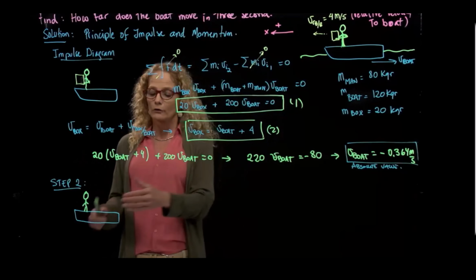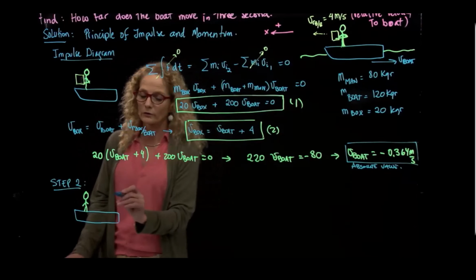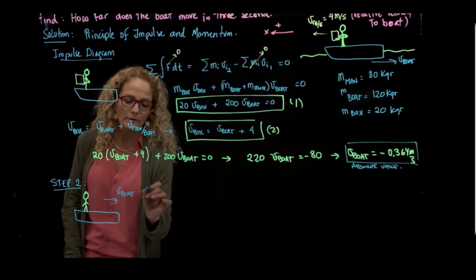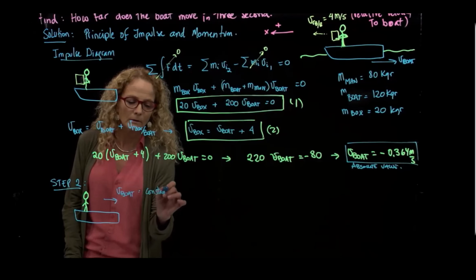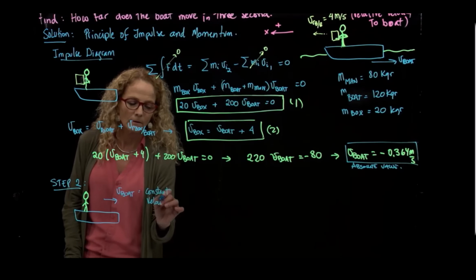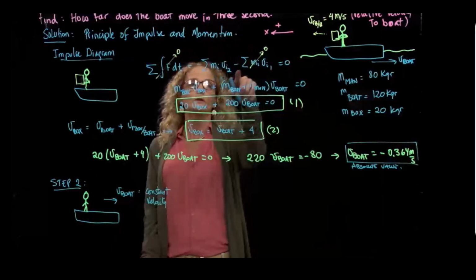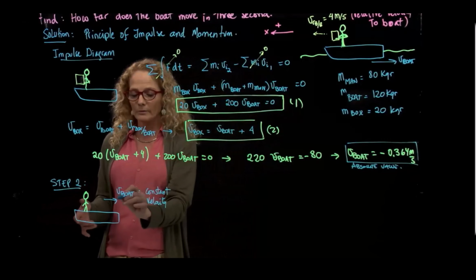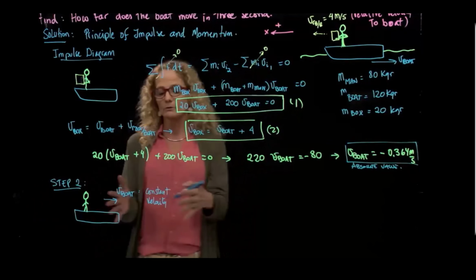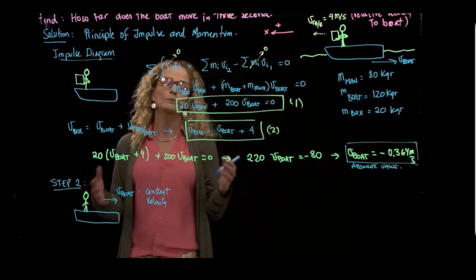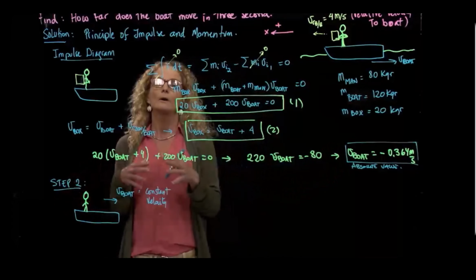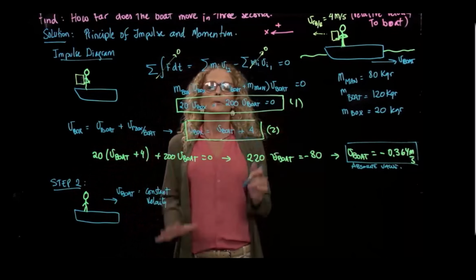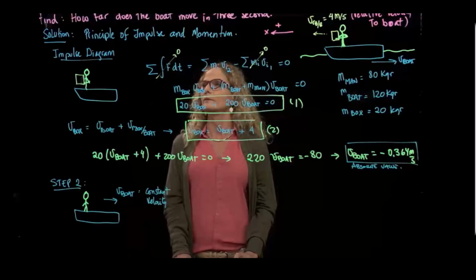So the boat will move at a constant velocity. Applying momentum again, since we don't have any impulse, the boat keeps moving in the same direction. Obviously that's not the truth because there is water resistance, but we can neglect it for a very short period of time and get an approximate distance.